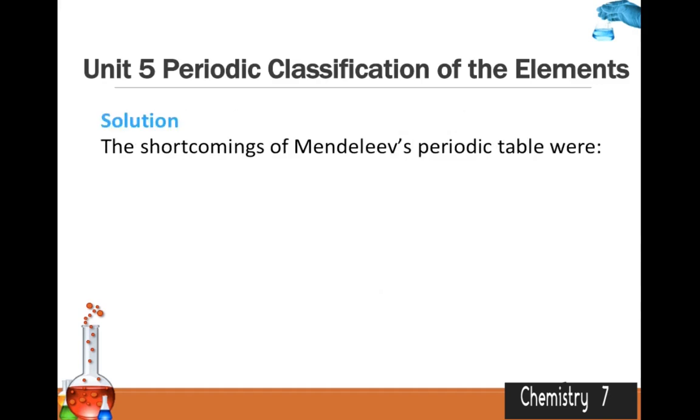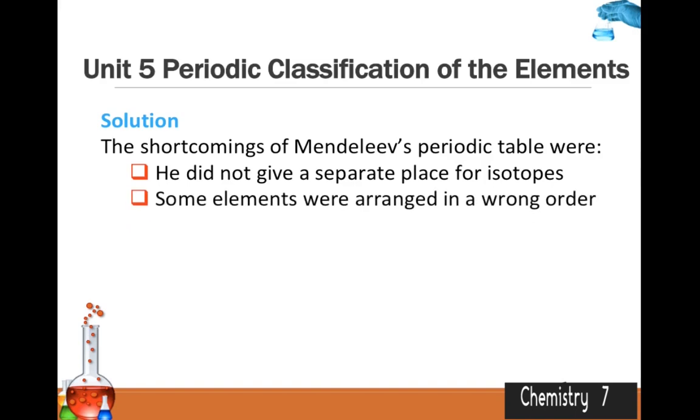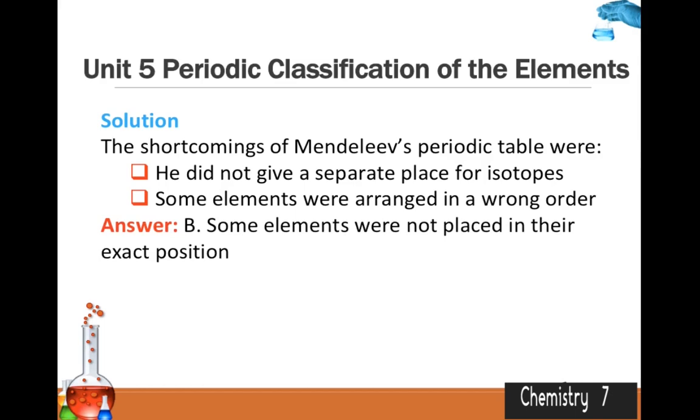The shortcomings of Mendeleev's periodic table were that he did not give a separate place for isotopes, and some elements were arranged in a wrong order. So the answer is B. Some elements were not placed in the exact position.